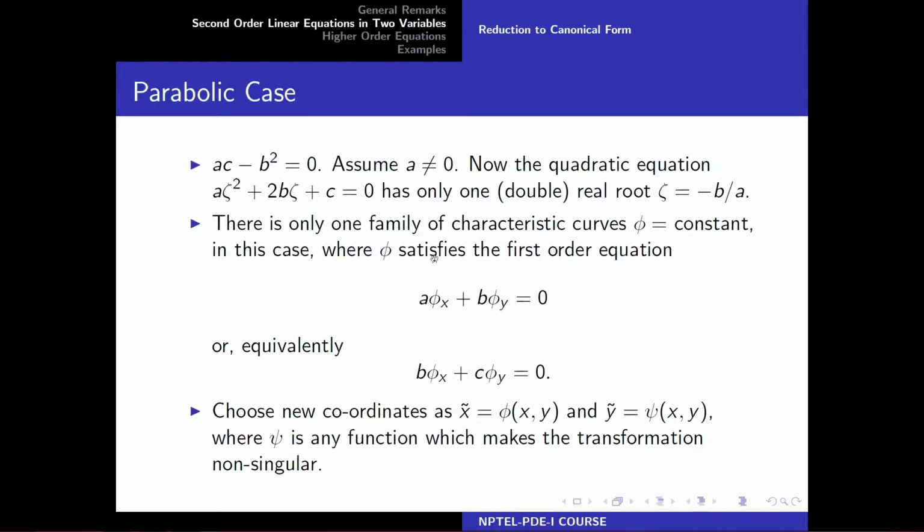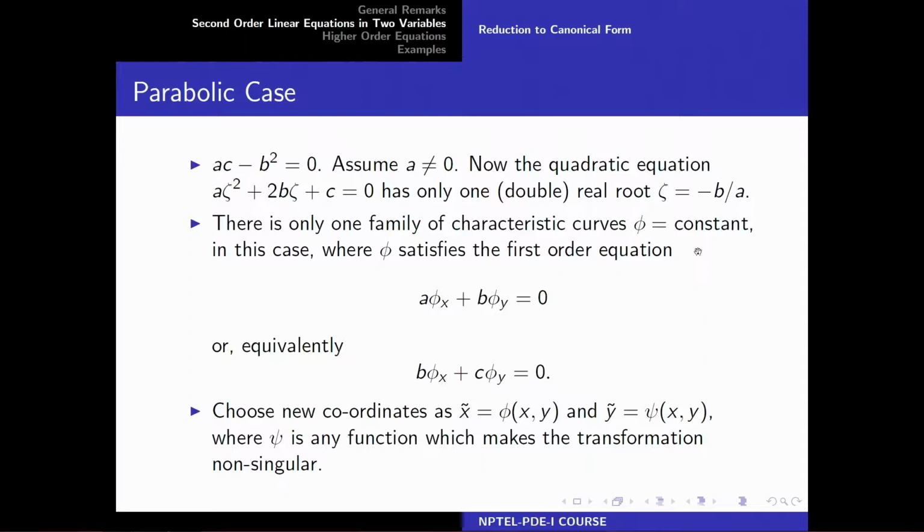And in this case the given PDE has only one family of characteristic curves, phi equal to constant, and that phi satisfies again the first order equation. Because AC equal to b square, this is also equivalent to b phi x plus c phi y equal to 0.